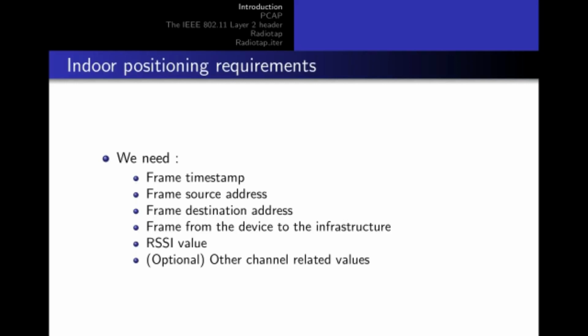You need the frame timestamp to know if your frame is relevant when you process it, the frame source address to know which device it originated from, the frame destination address to know if it's the right packet you are processing, the direction of the frame from the device to the infrastructure, and the RSSI value, which is computed and included in the radiotap header. You may want to use other channel-related values, but it's not mandatory.